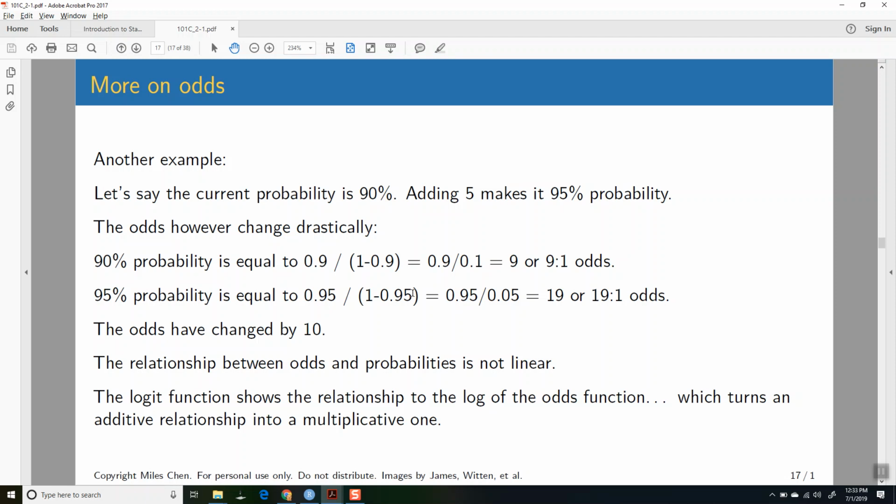Similarly, the difference between 99% and 99.9% correct is huge. If you have a manufacturing process and you've gone from 99% good products to 99.9% good products, that's a huge change.